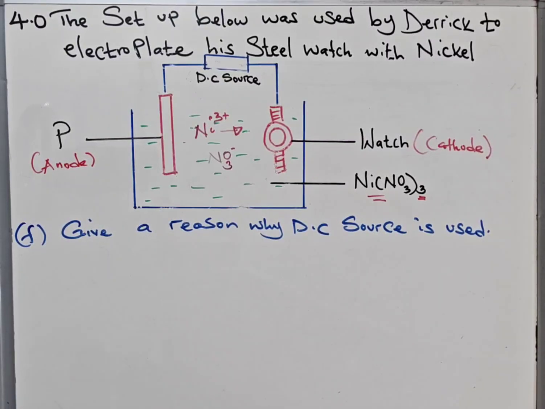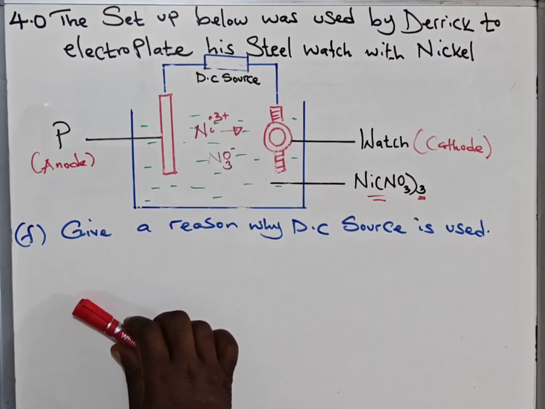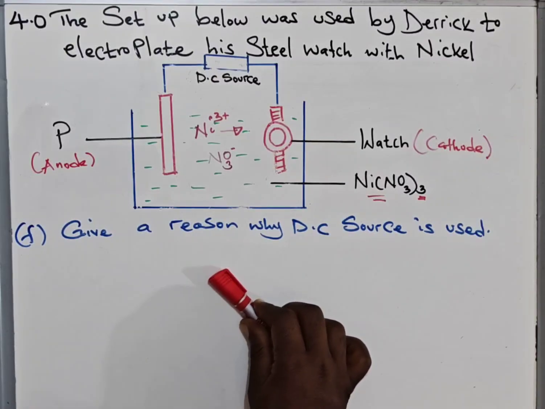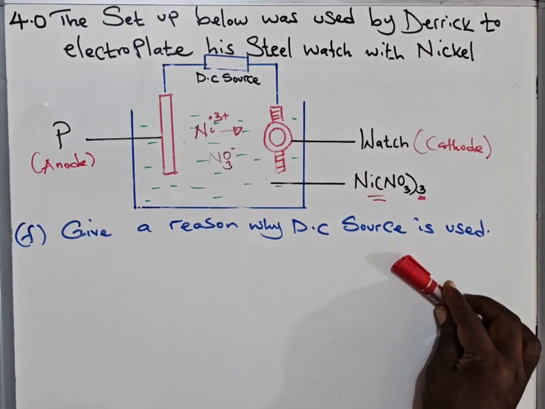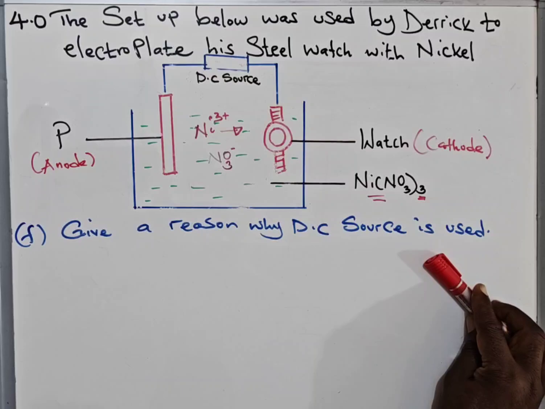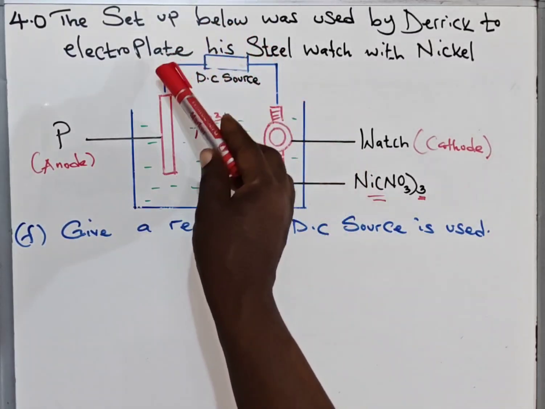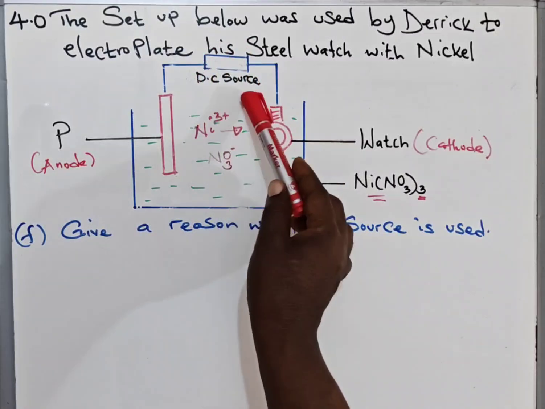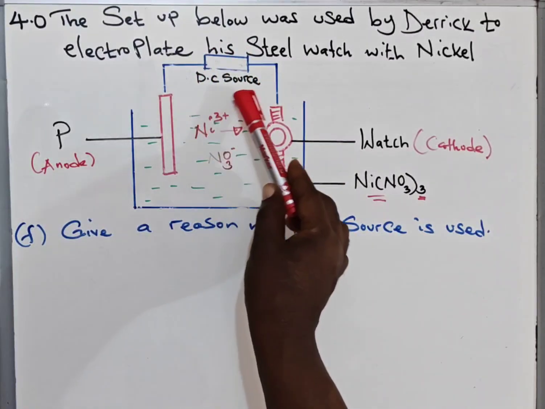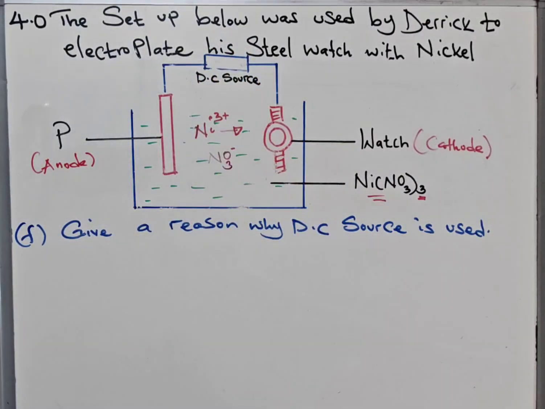Then we come to this question. It says that give a reason why a DC source is used. You have to take note that our source of energy is a DC. What does DC mean? DC means direct current.